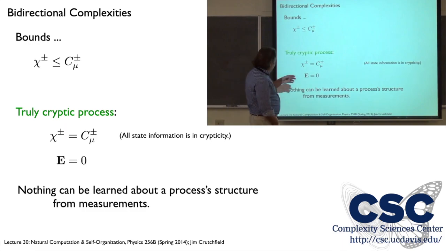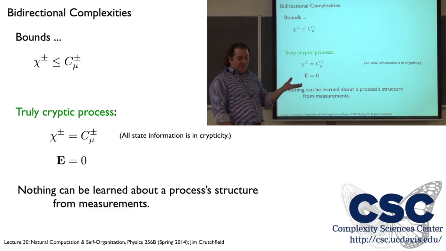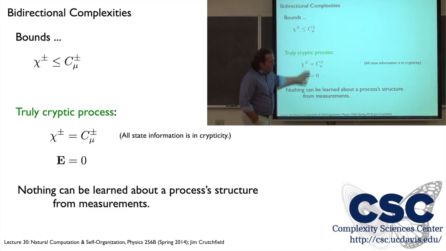Something with 0 excess entropy, 0 shared past-future mutual information, is some kind of IID process. Essentially, there's no information you can extract that will let you look inside and discover the hidden states. So it's kind of a singular limit. There's nothing you can learn about a process's structure from measurements. That would be like encrypting a message and sending it, and it's never reconstructible. What use is that? I don't know. But anyway, this is a limit.